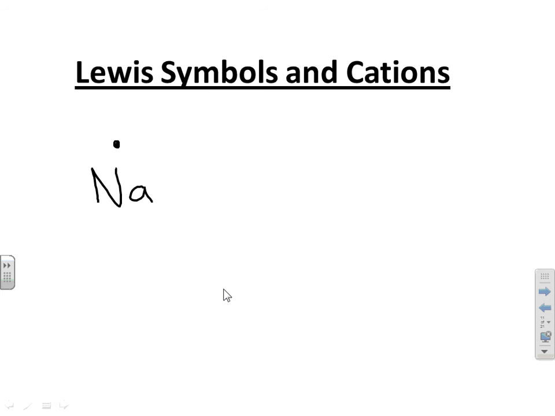It's going to get rid of its electron. And in the end, we're going to draw it like this. Na. Yes, it has 2 8, right? But we only draw the outer electrons when it comes to a Lewis diagram. So we've lost the electron and it's gone, okay? Now we need to represent that it's charged. So what we do is we put square brackets around it.